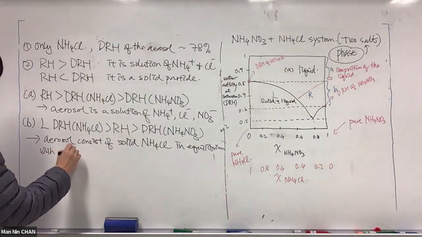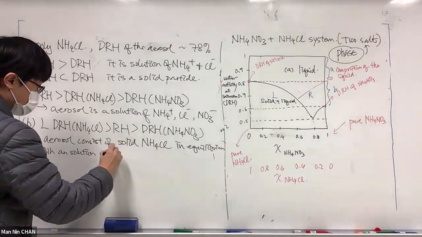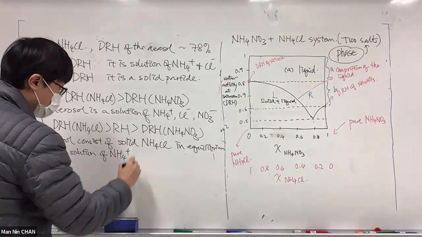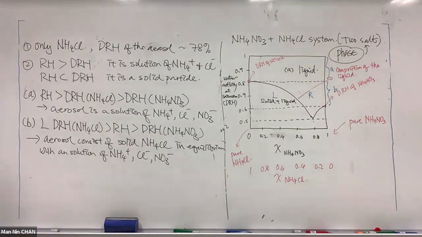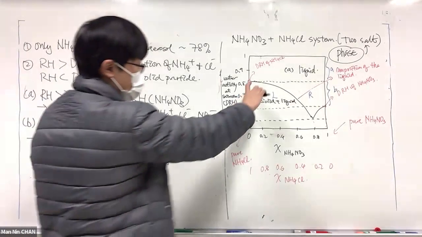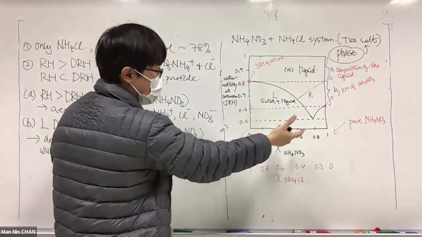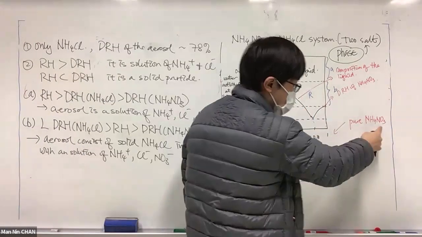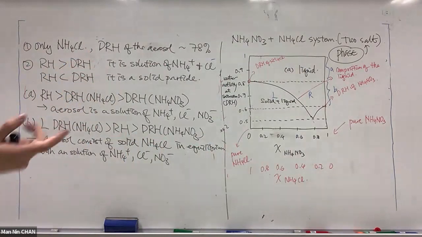And in your solution you will have some ammonium ion, chloride ion, and also the nitrate ion, right? Does it make sense? Below this you have solid, but you have some ammonium nitrate, and this ammonium nitrate is above the DRH, so you have some solution. Okay.